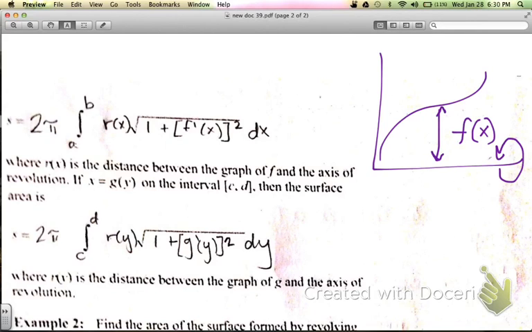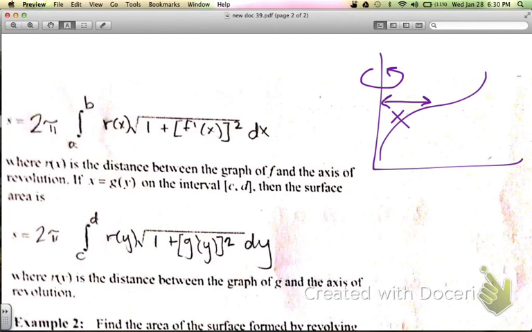And vice versa, if you rotated it about the y-axis, then the distance between the graph and whatever point you're looking at would just be x, because the x value would be the distance. So r of x is, depending on what axis you're looking at, either some value plus or minus x or some value plus or minus f of x.